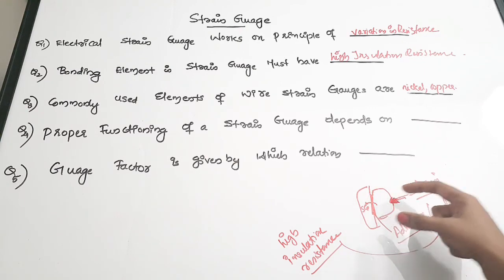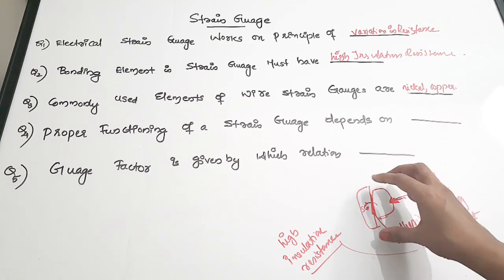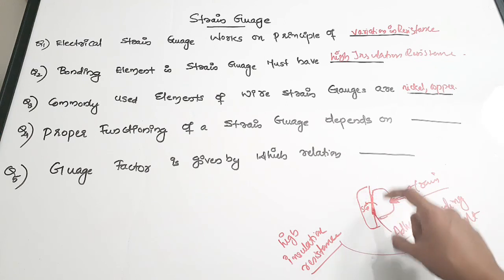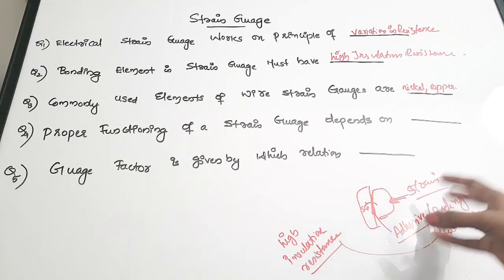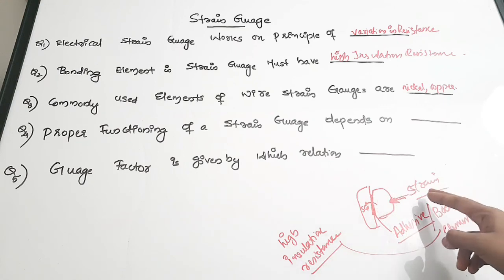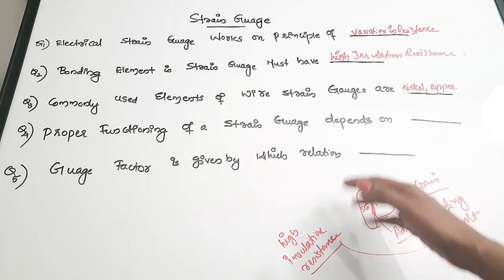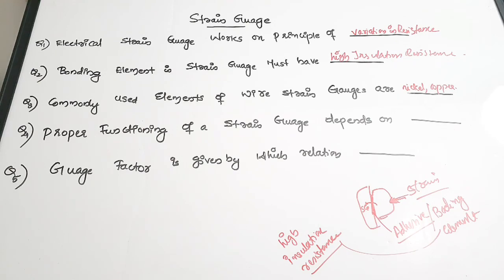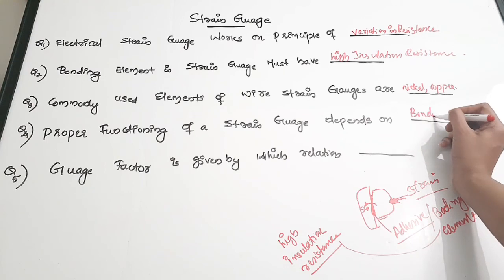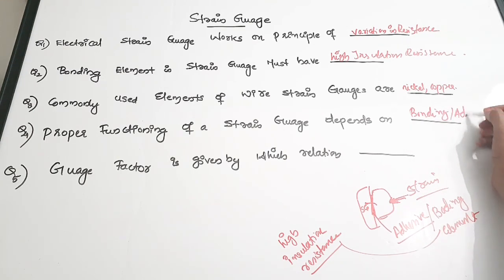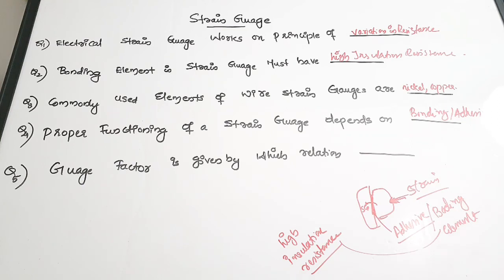When we are connecting an object to a strain gauge with the help of a bonding element, only if the bonding is proper can the strain get transferred to that strain gauge, right? So only if that bonding is proper will we get accurate strain measurement values. So the correct answer is bonding. Only if the bonding element or the adhesive is proper will we get the proper functioning of the strain gauge.